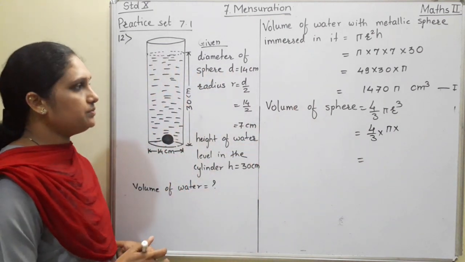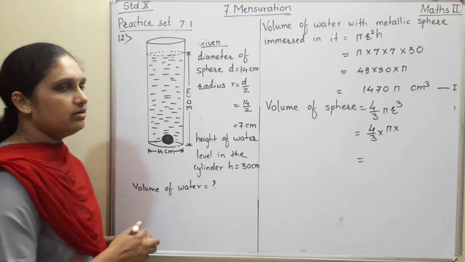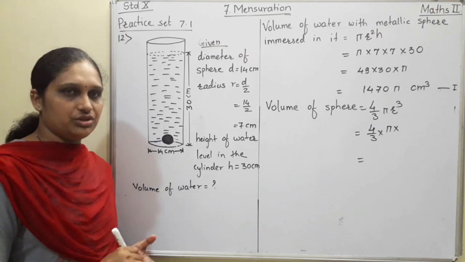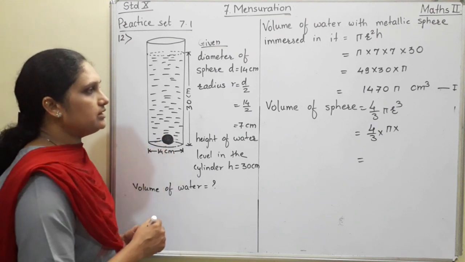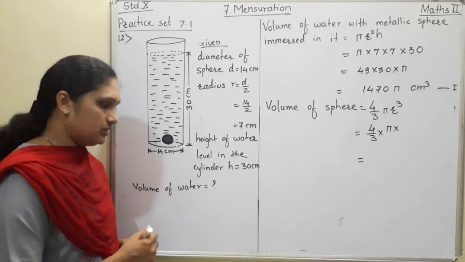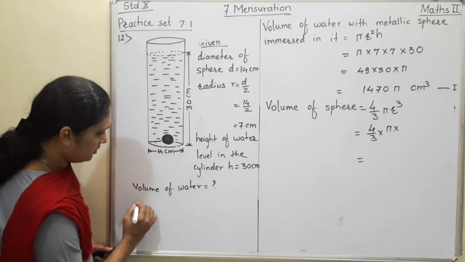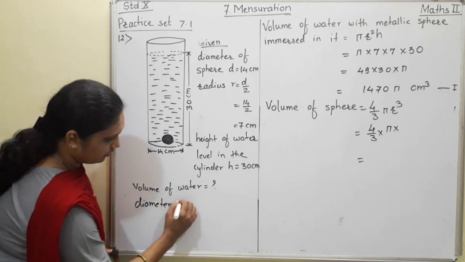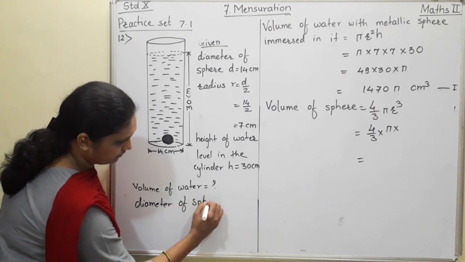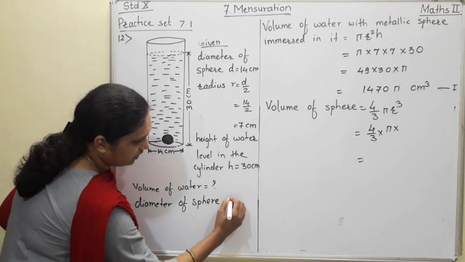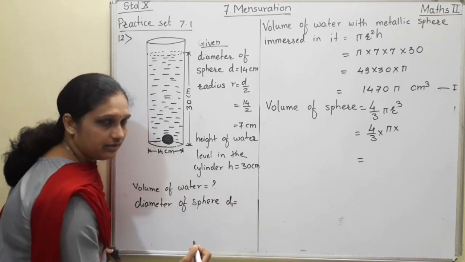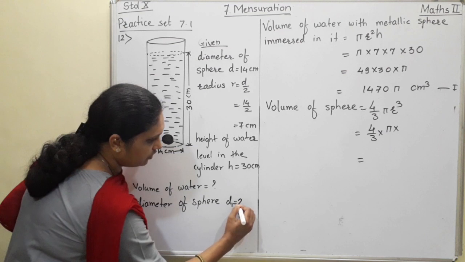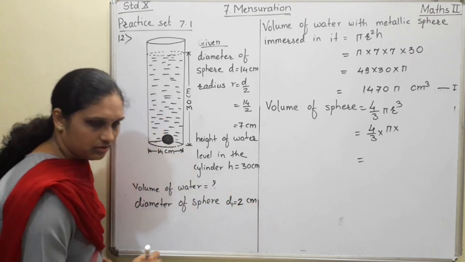For that we need to find the radius first, so here the diameter of the sphere d1 is equal to 2 centimeter.